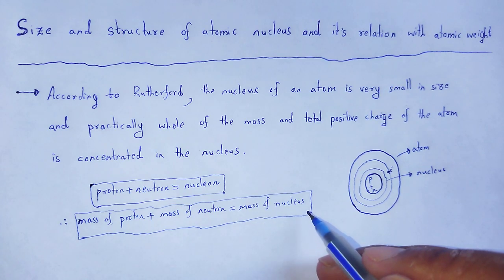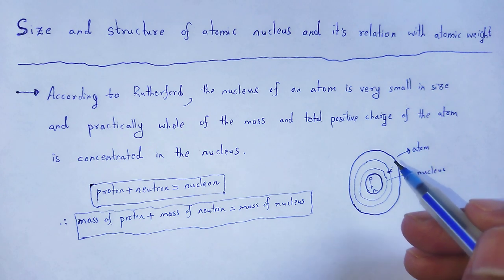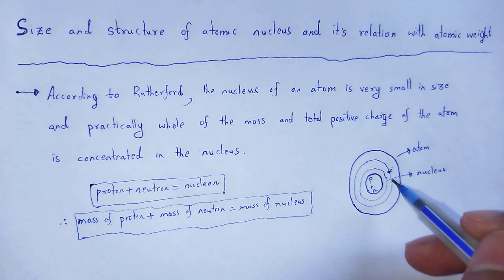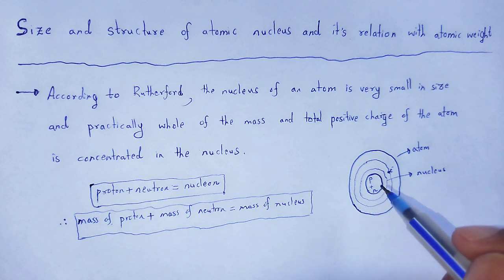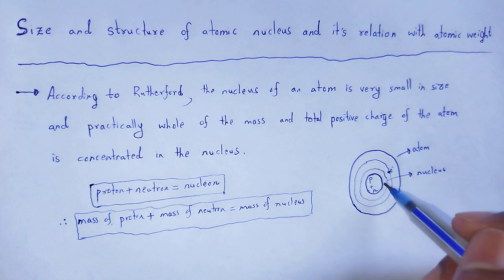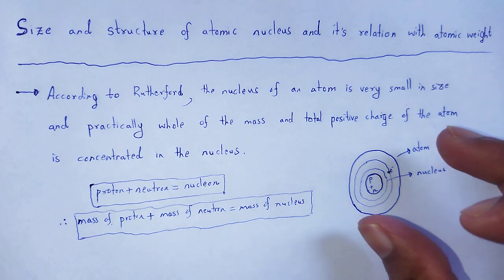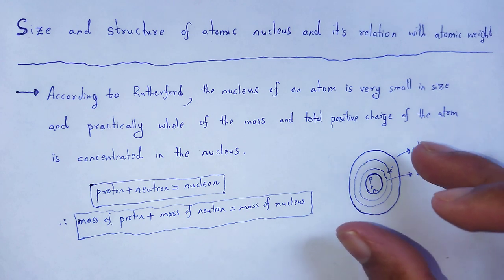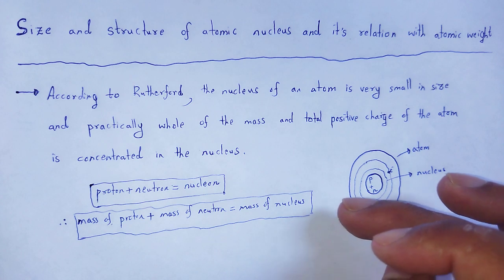Again, the electron does have a definite mass, but in this situation the mass of the electron is negligible in comparison to the nuclear mass. Overall, since all the mass is concentrated in the nucleus, the atomic mass is exactly equal to the mass of the nucleons.